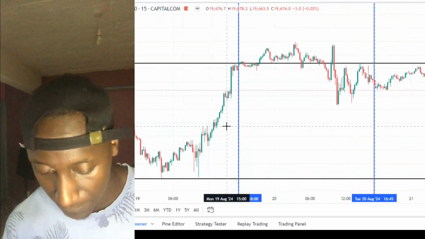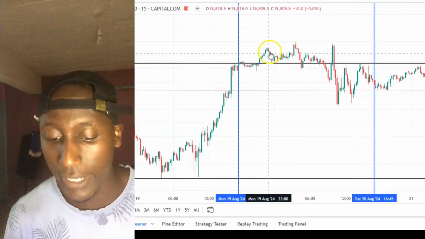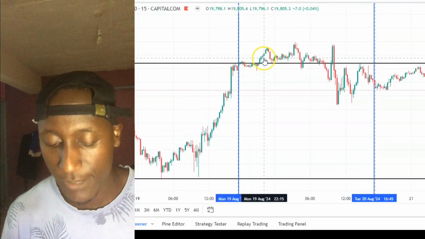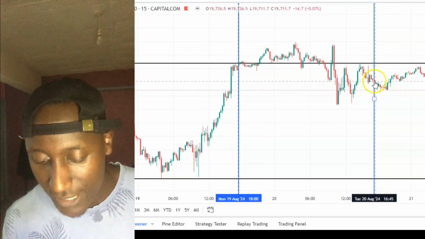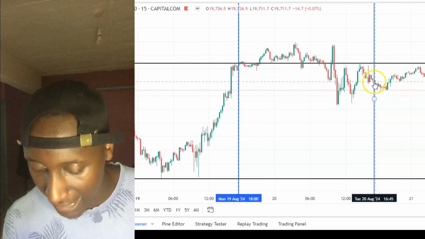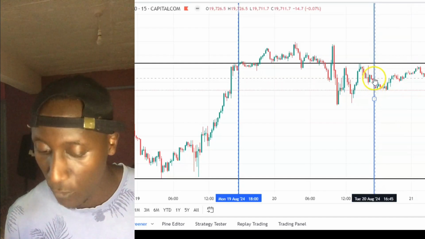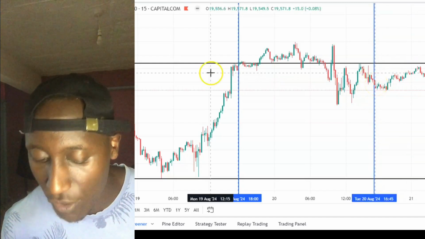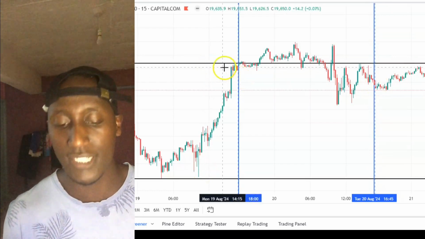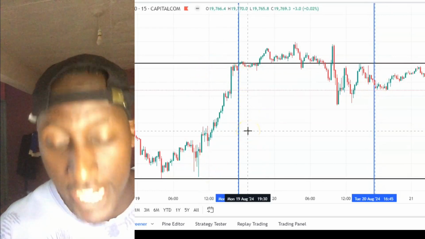And then Tuesday, we see price did break out of that high. So price went above the high of Monday, but once the day closes, so at this line is when the day closes, we see the closing price is inside of the high and the low. So it's inside of that consolidation.